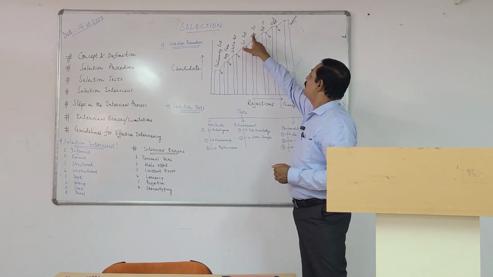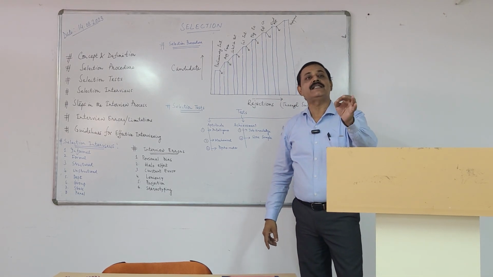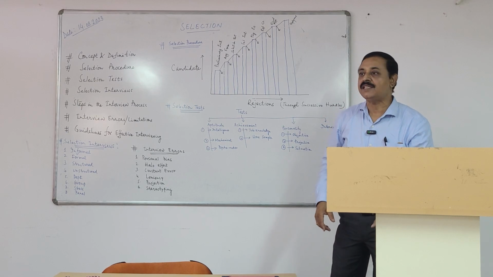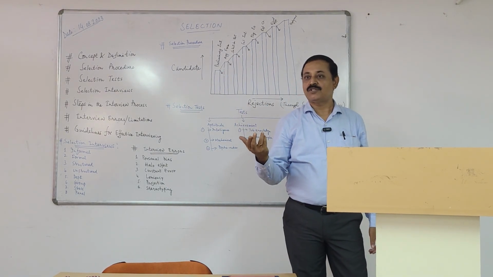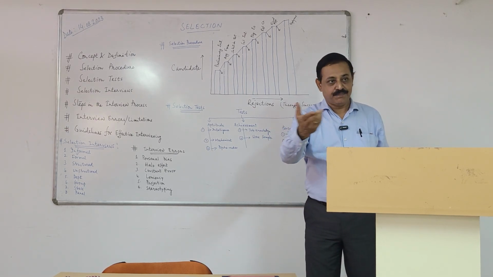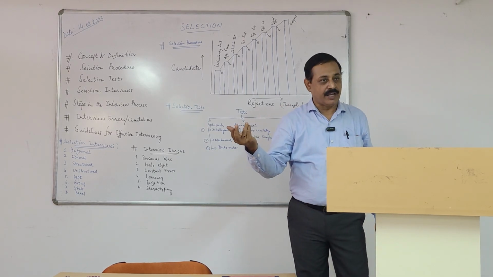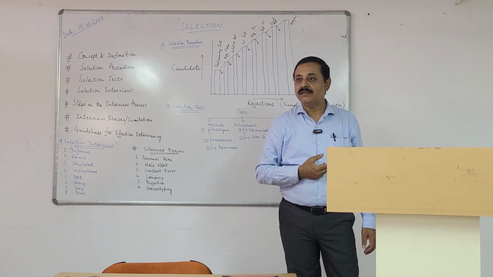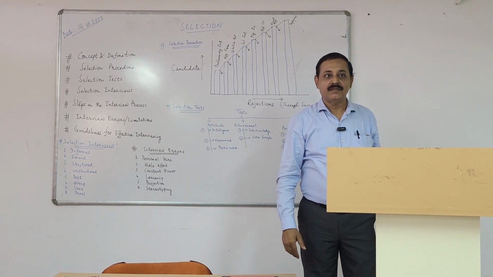Then comes the reference check. Generally, a candidate is asked to give 2 or 3 references. The references could be a person who is well known, or could be from the educational institution, a professor or an HOD for that matter. For an experienced person, maybe the previous employer.